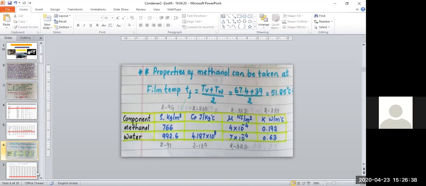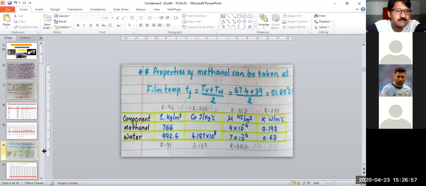Okay, how have you taken them? Please check how you have taken the properties. Krishika, how have you taken the properties? Anushri? Yes, sir. How have you taken the properties?